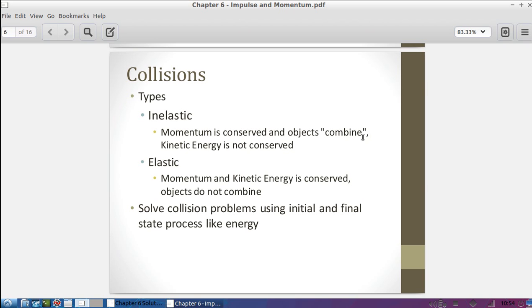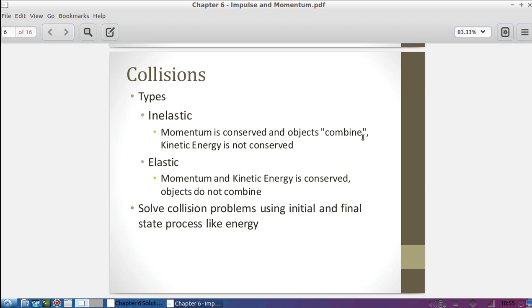The second type of collision is an elastic collision. Think of two billiard balls, or two rocks, or two massive and dense solid objects. They're going to hit each other and then bounce off of each other. They're going to go their separate ways in a new direction, and they're going to stay their own single objects.